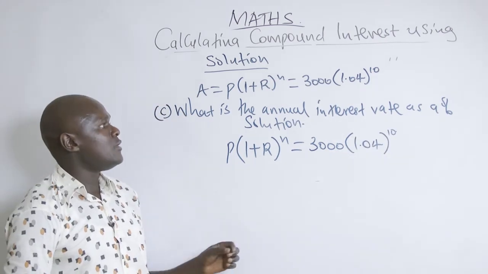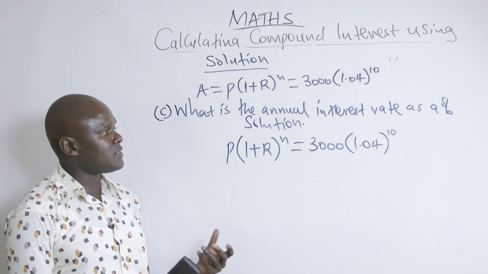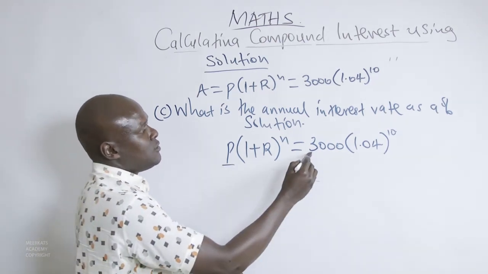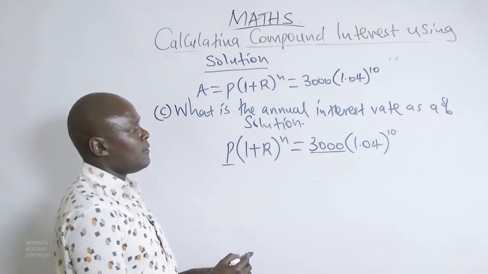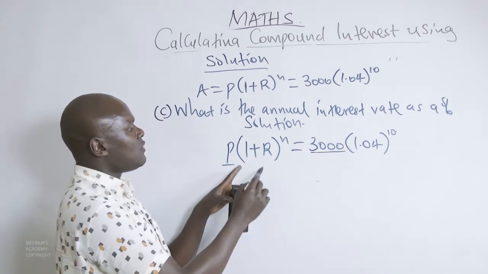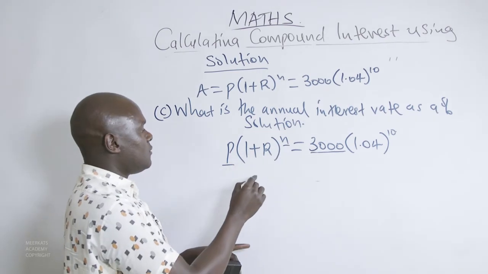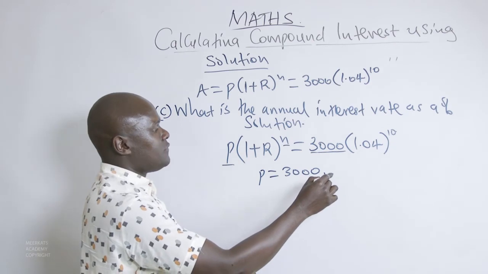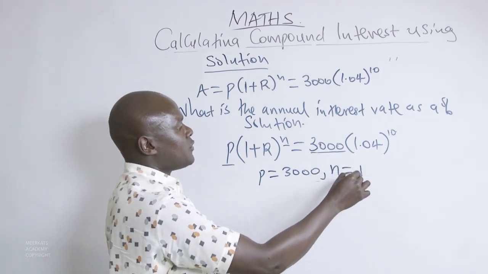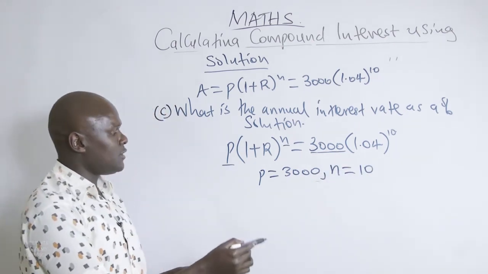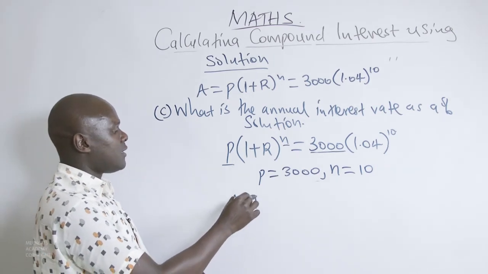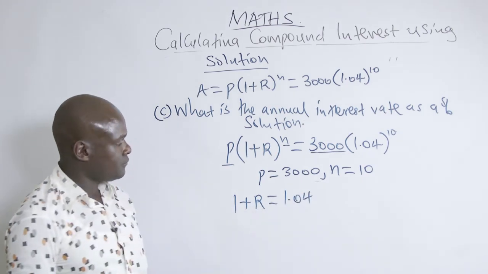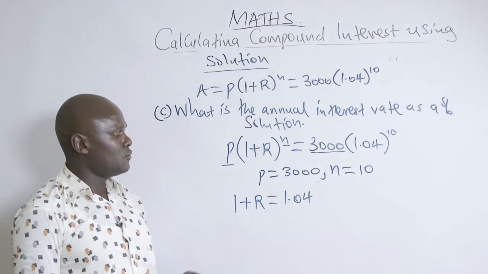We need to get the annual interest rate expressed as a percentage. We have said that this principal P is equivalent to 3,000, and the number of periods we have is 10. So this leaves us with 1 plus r being equal to 1.04.